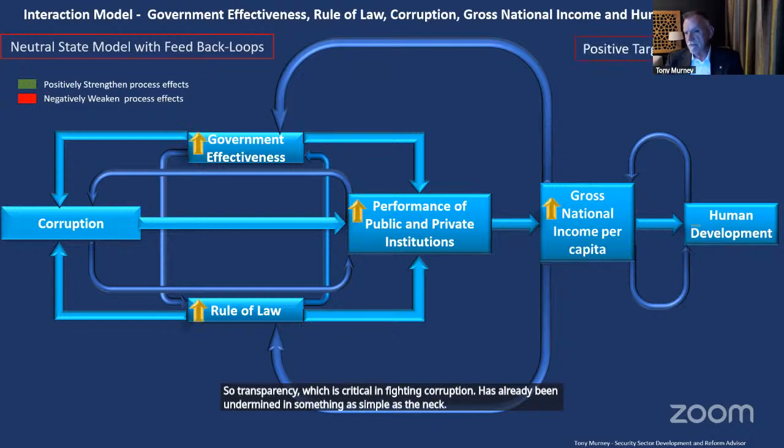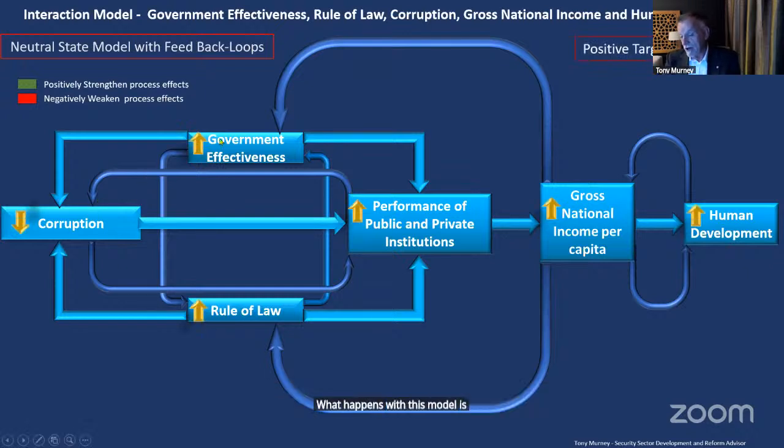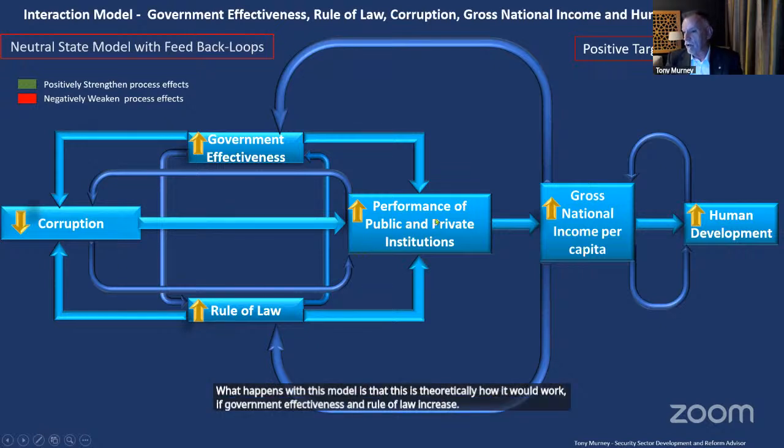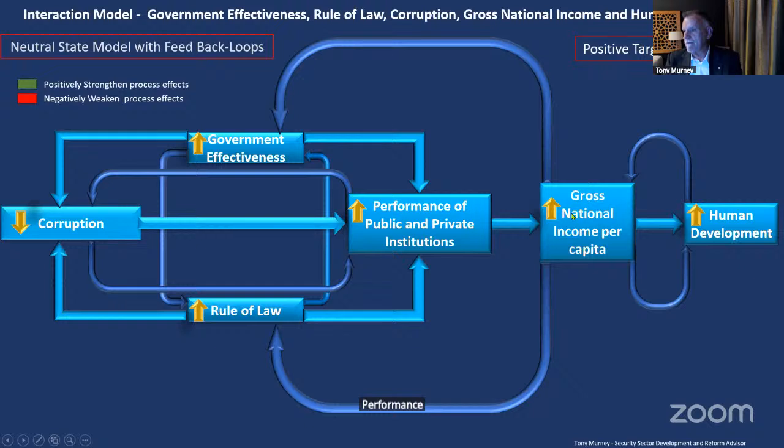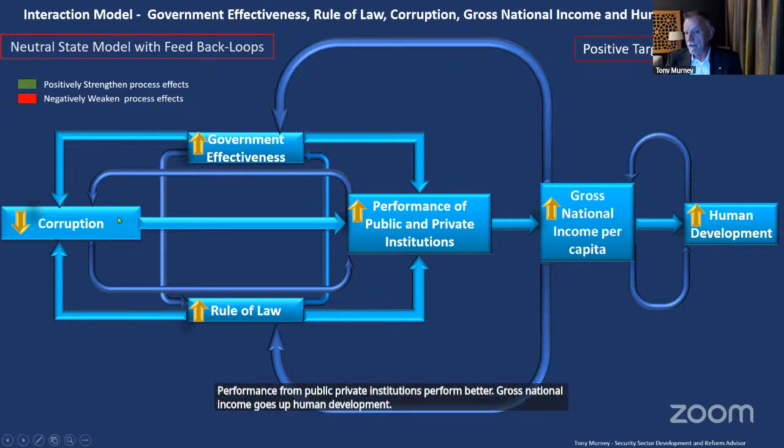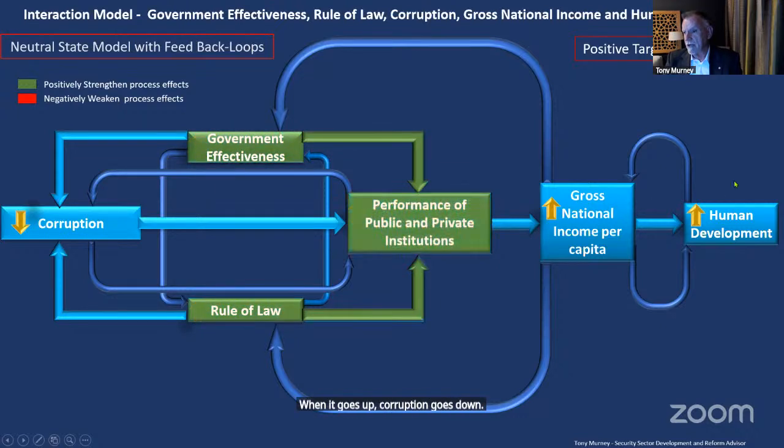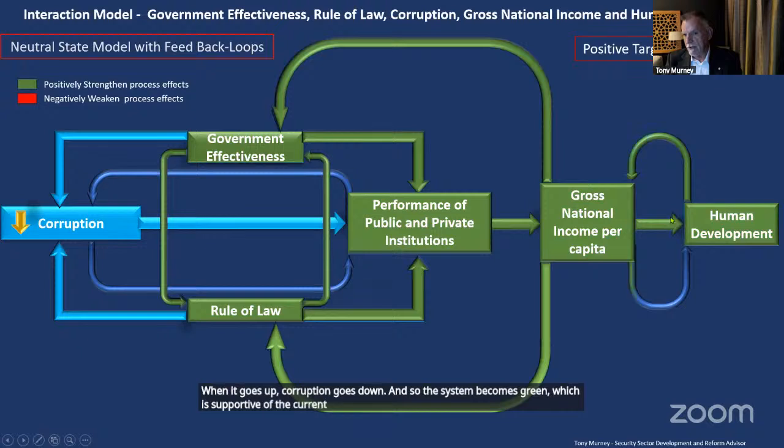What happens with this model is that this is theoretically how it would work. If government effectiveness and rule of law increase, public and private institutions perform better, gross national income goes up, human development goes up, corruption goes down. And so the system becomes green, which is supportive of the current processes, this desirable way we want the society to run.